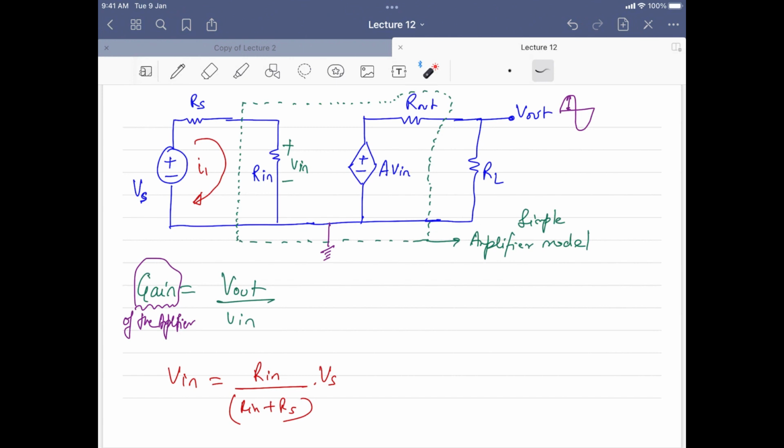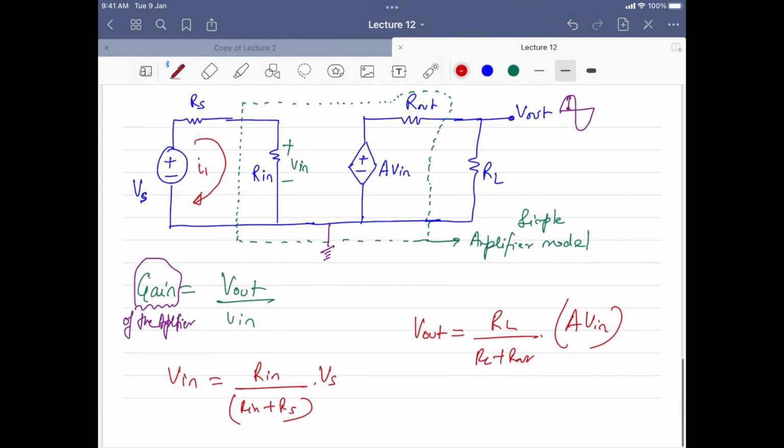Okay. So if everybody is okay with this, V in is represented in terms of Vs as this factor. Now what will be V out? If I want to calculate V out, will all of you agree that it will be RL over RL plus R out times A V in? Any questions? No, sir.